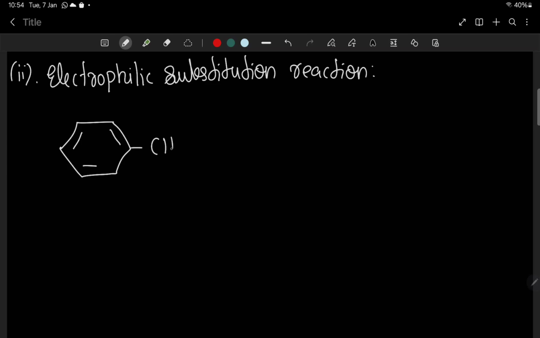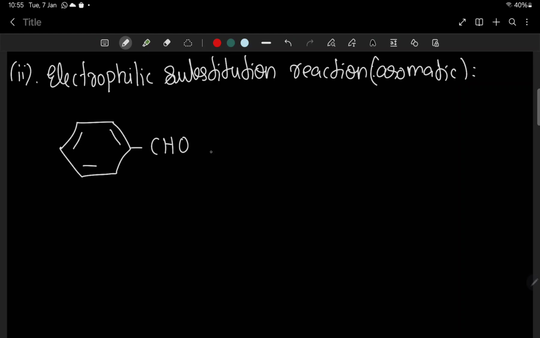We are taking electrophilic substitution for aromatic. Only for aromatic we are speaking here, because only aromatic will show electrophilic substitution. Others will not show, because of resonance they are showing.